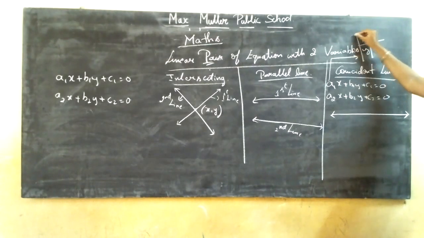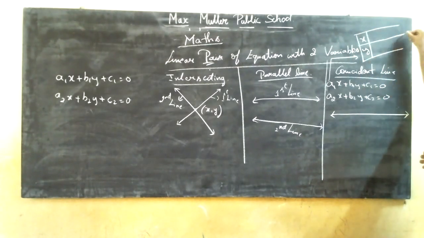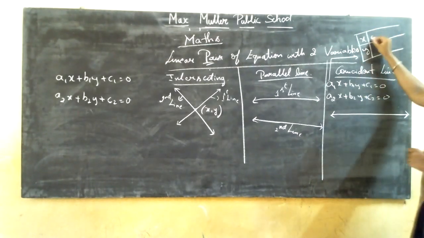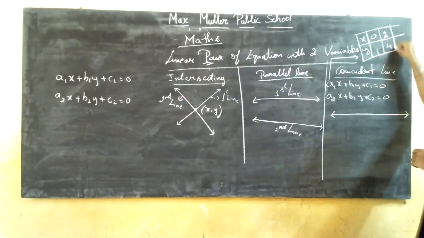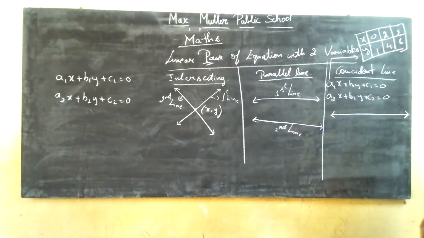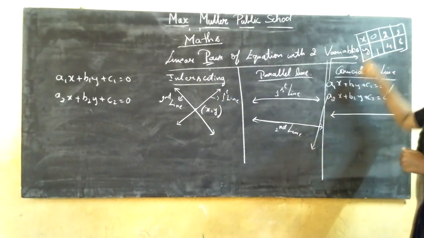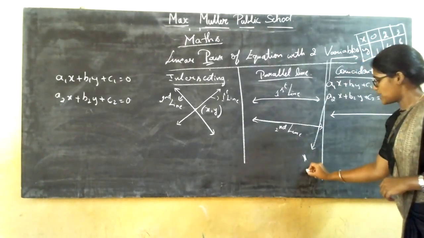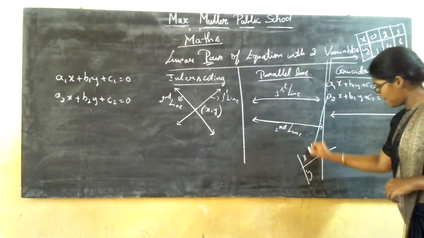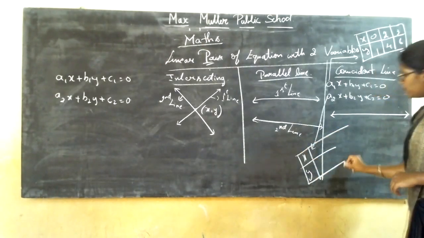But when you find the points, you might get 0, 1, then 2, 4, then 3, 6. This will be the representation of the first line with the coordinates x and y. And for the second line also, if you have the x and y values the same without any difference, what is the first one?